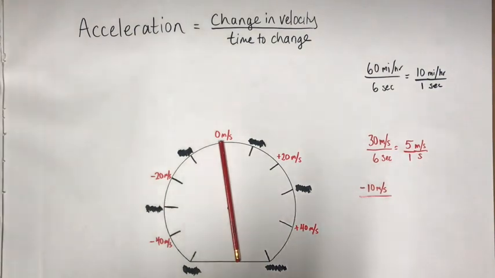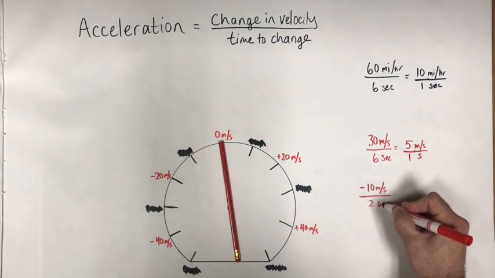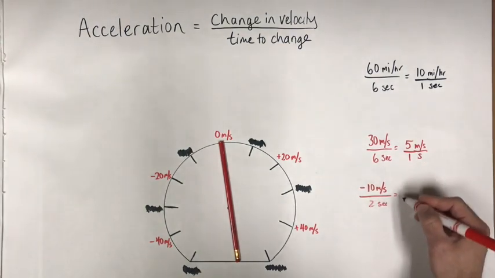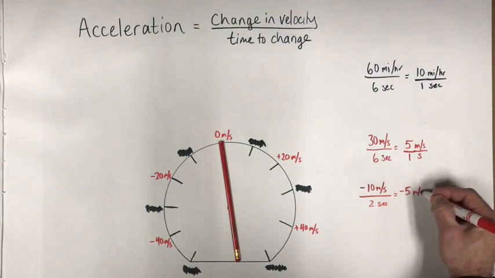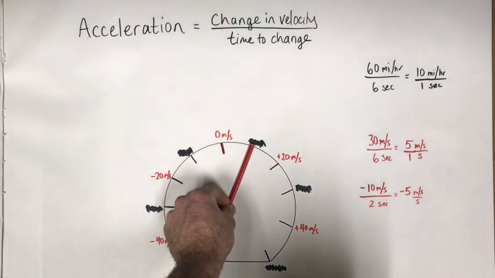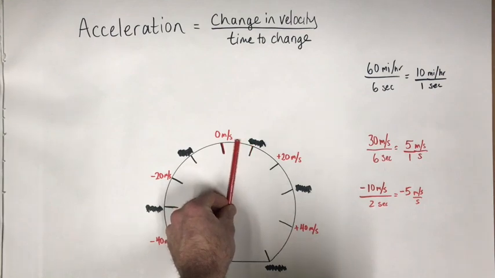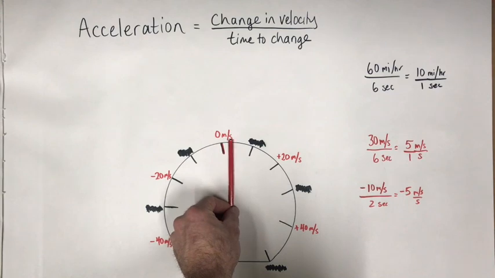And it took 2 seconds. So we would have a 10 divided by 2, which is 5, but this time it's negative 5 meters per second, right? For each second of slowing down in this case, the car lost 5 meters per second on its velocirometer, 1/1000, 2/1000.